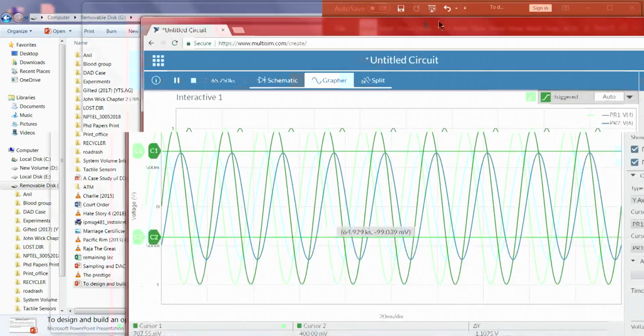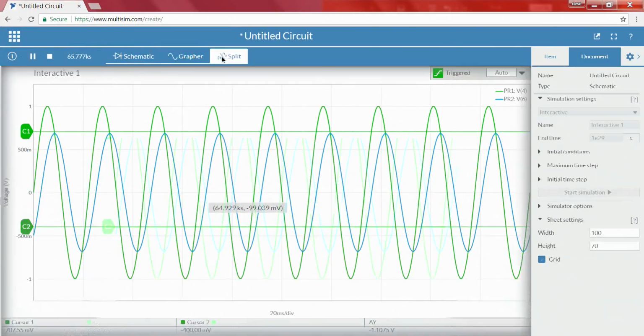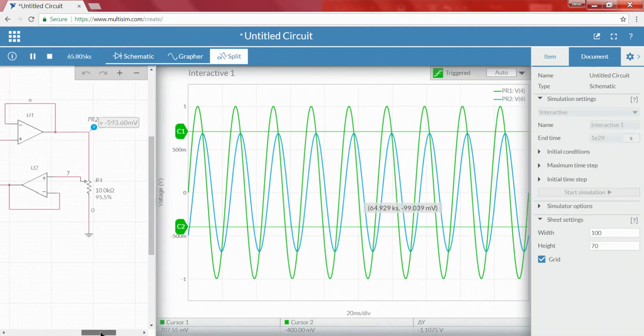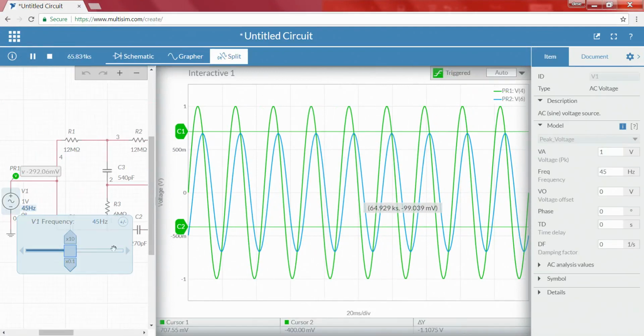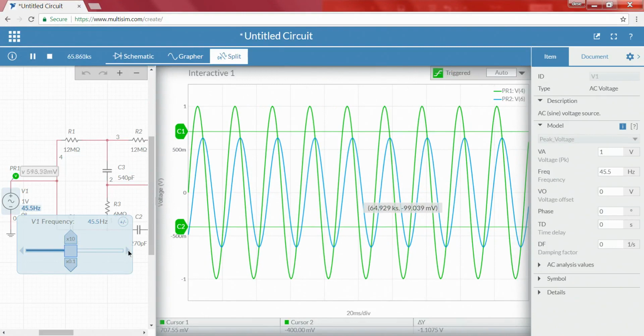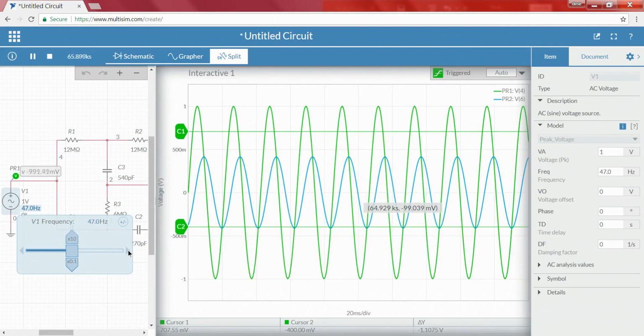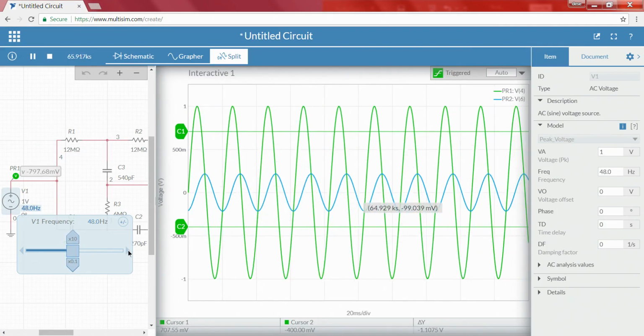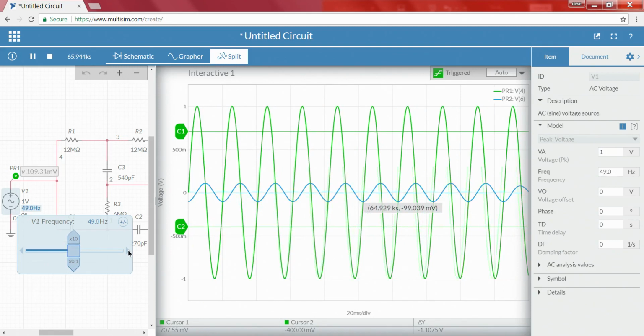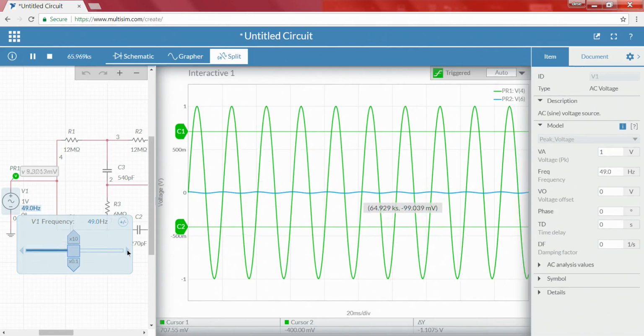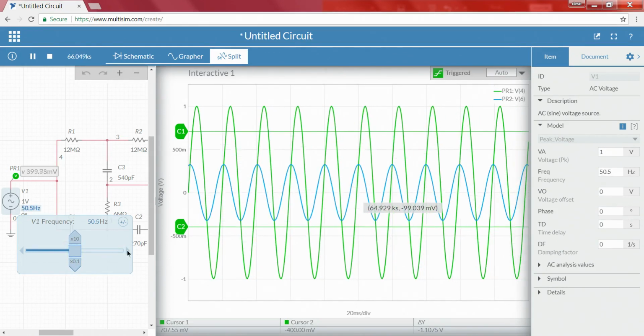And if I slowly increase the input frequency, 45.5, right, at 49 hertz almost nothing. If it is 50, it again started increasing.